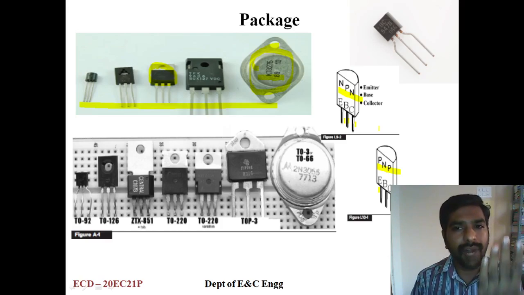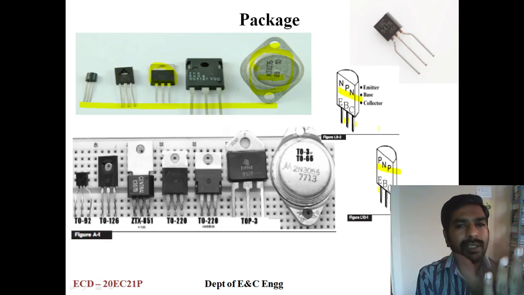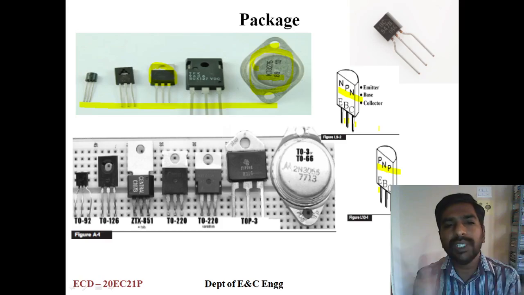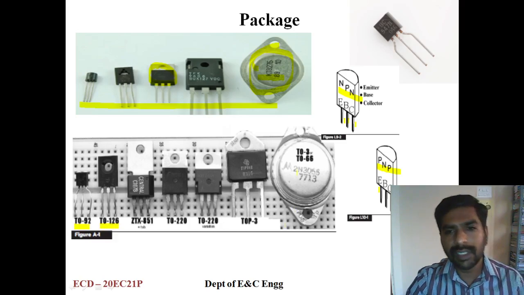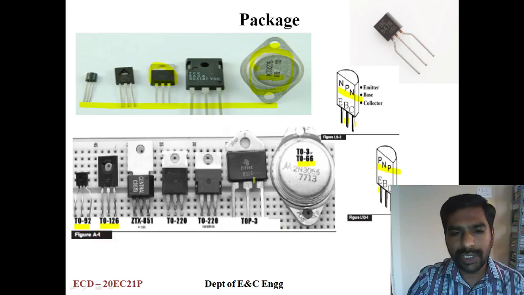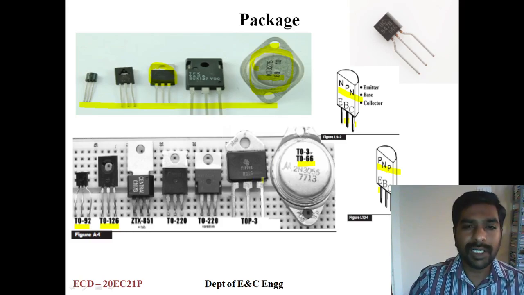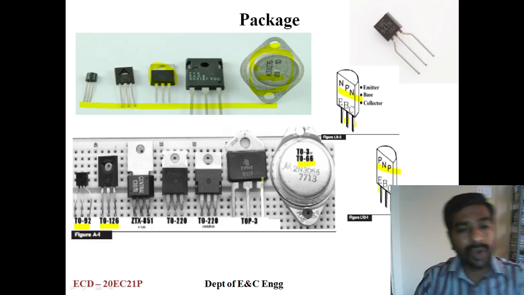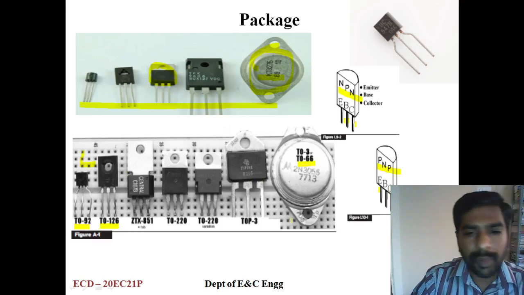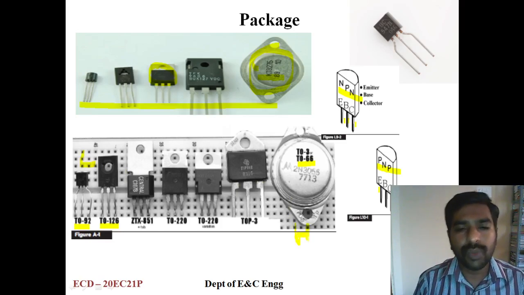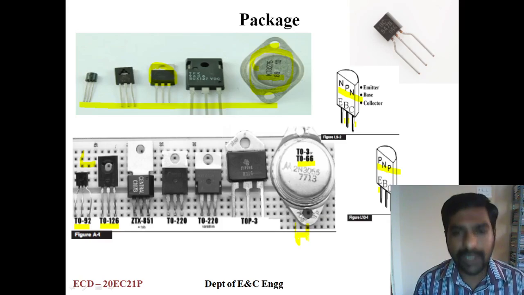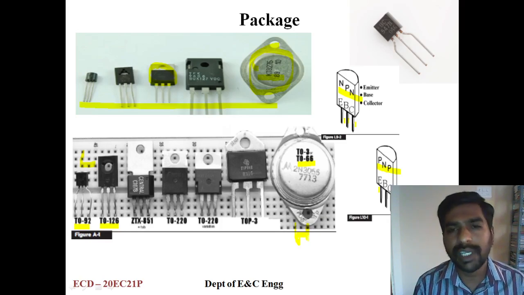And these are the different transistors and their names: TO92, TO126, TO3, TO66. The size of the transistor increases as the power handling capability increases, from low power to high power. Depending upon the application, one has to select the right one, otherwise it will damage the transistor.